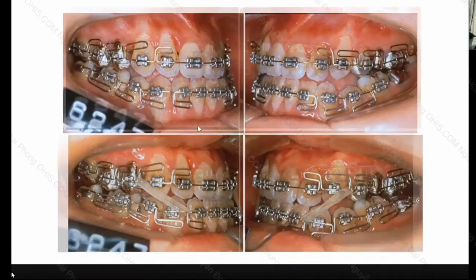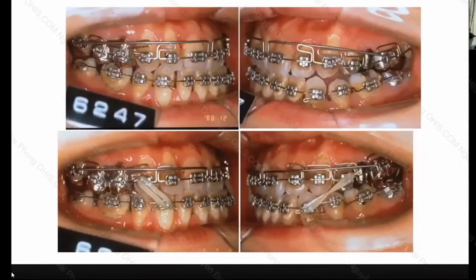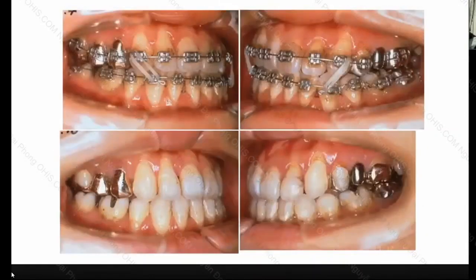So, well, this case, I think I treated for 18 months. And finally, this is a compromised treatment, but she needs some prosthodontic reconstruction of the posterior part. Therefore, I finished like this.